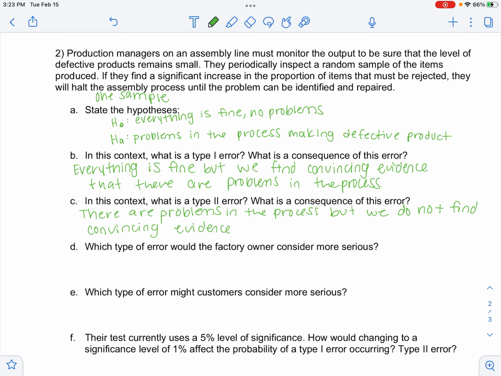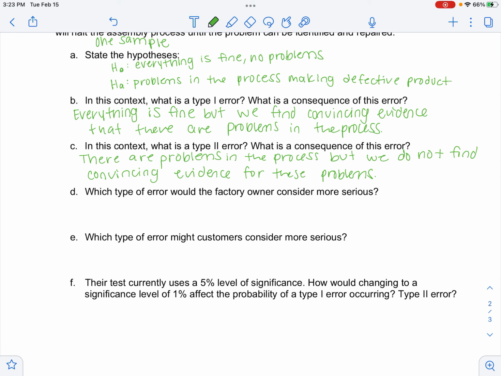So which type of error would the factory owner consider more serious? Probably I would say a type 2 error. Now, you might consider a type 1 error being worse for the owner just because then he has to spend money that's not necessary.